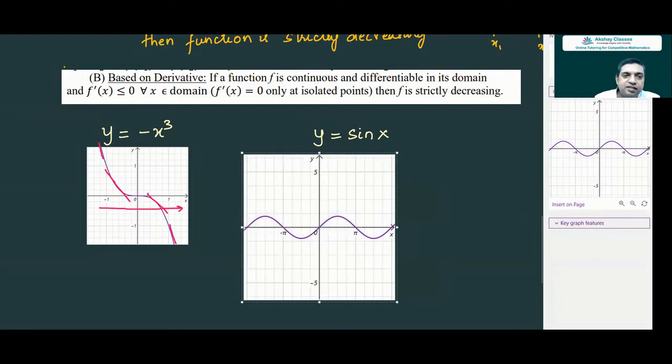So the graph of sin x is an increasing function on minus pi by 2 to pi by 2. In this region, it increases. And then pi by 2 to 3 pi by 2, it decreases.